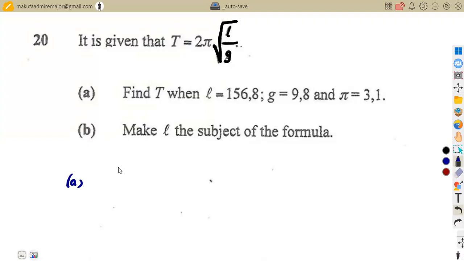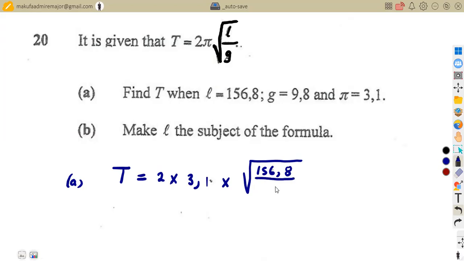This one was just a substitution that you are making into the formula for t, whereby we are given 2 times the pi that you are given. The pi is 3,1. So it's going to be 3,1 times the square root of L over G. Our L was 156,8, everything over 9,8 in this case.